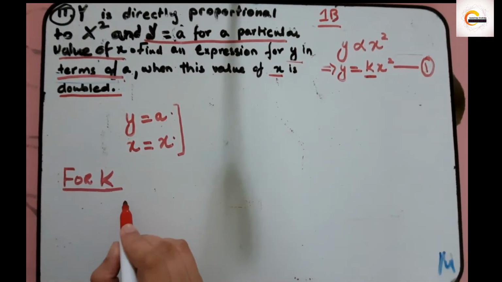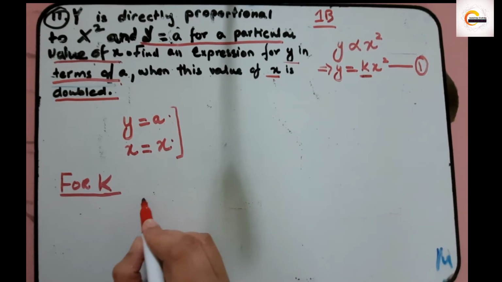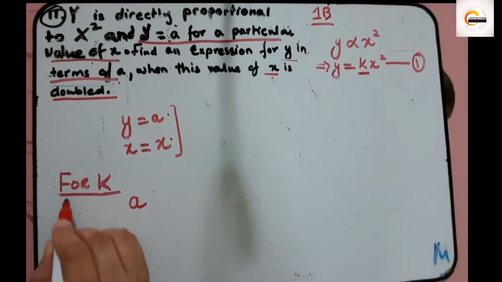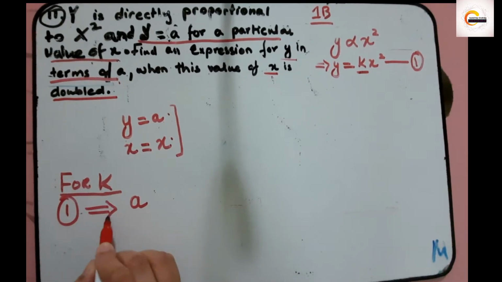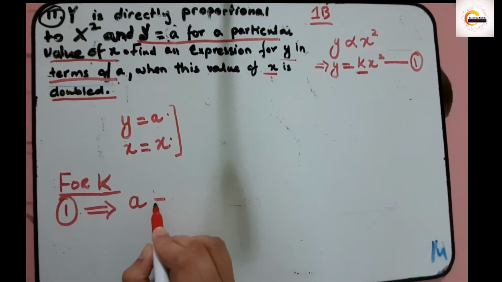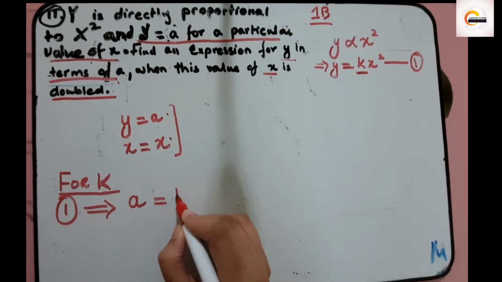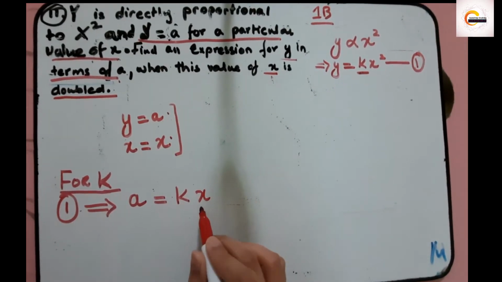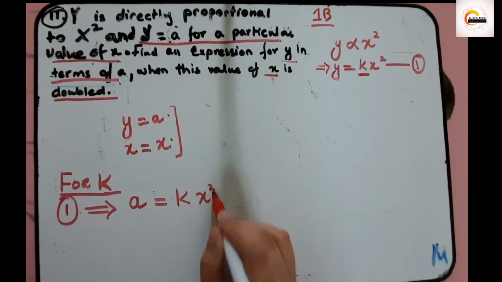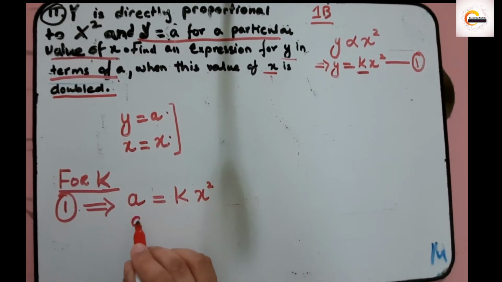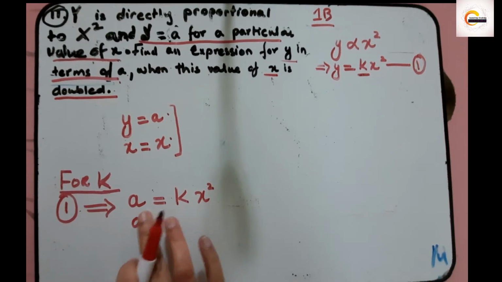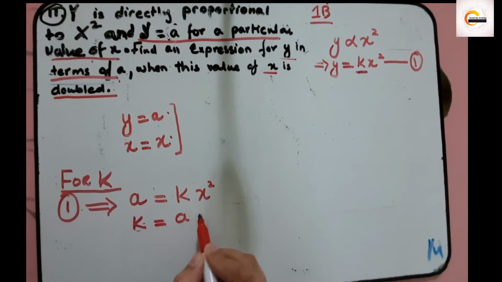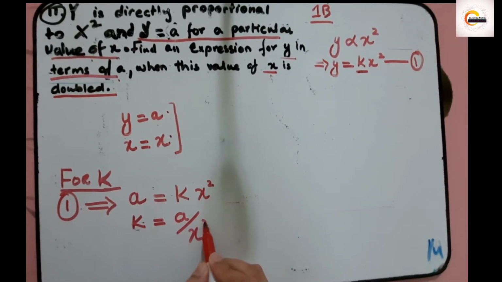So for k, we have y = a. From 1, y = a = kx, where the value of x is x square. Now k = a/x².